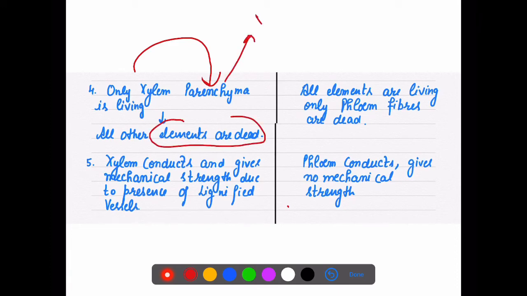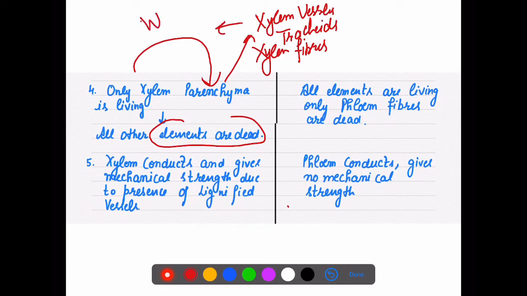All other elements, xylem vessels, xylem tracheids, as well as xylem fibers, are dead. So it means your wood, which xylem makes, is mostly dead. Only xylem parenchyma is living.